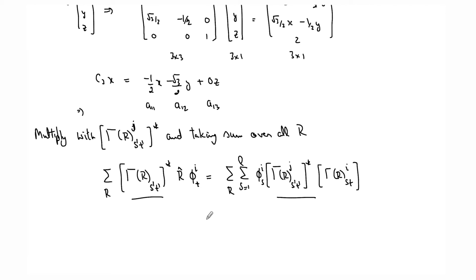Okay. So now if we carefully see, this particular term over here does not include any of this r, so it is independent of summation r, so this can be taken out. So I can rewrite this equation as summation s equal to 1 to L phi s i. So now I can just have summation on these two terms, right?